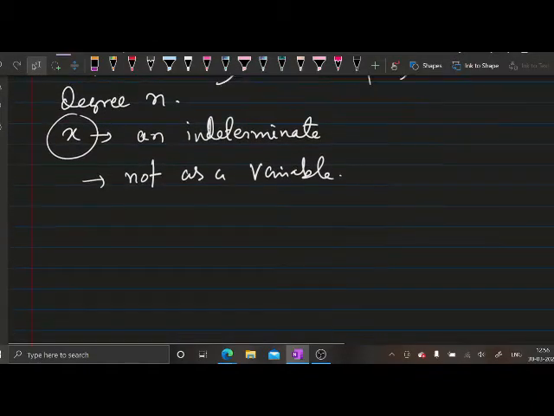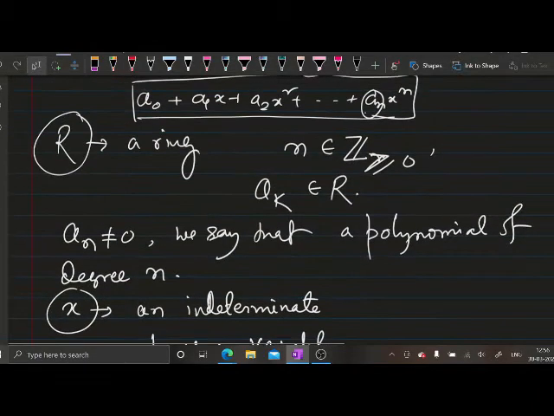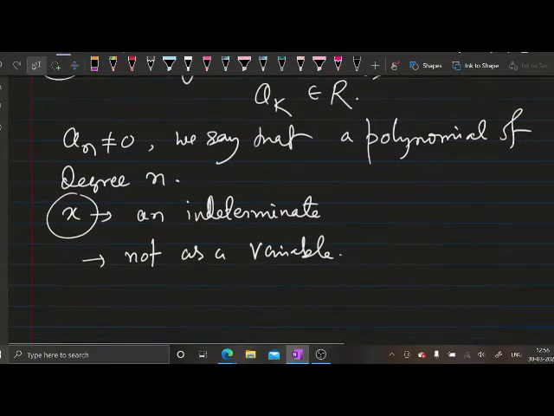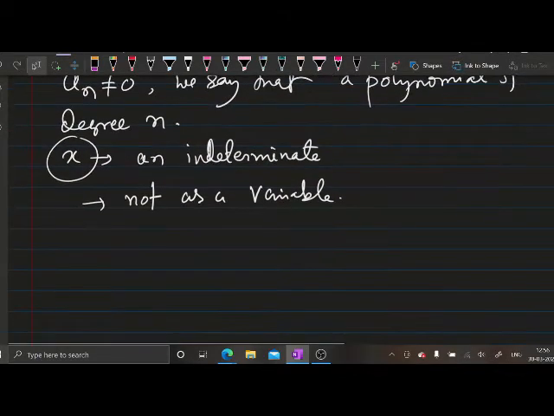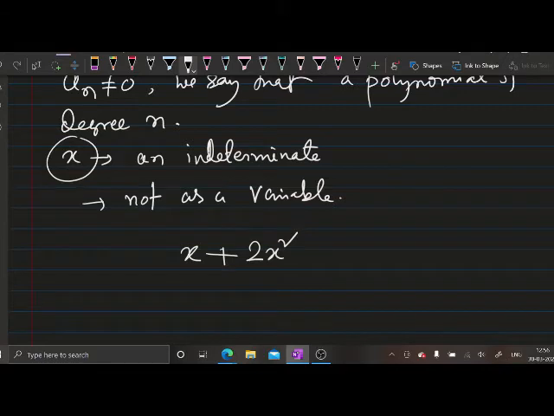Now, another confusion is that suppose you consider one such expression, in particular you take real numbers as coefficients, so x plus 2x square.